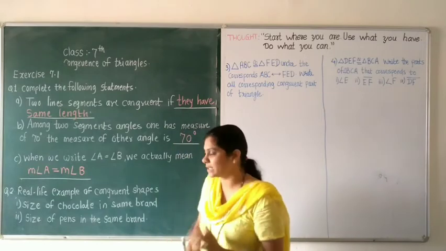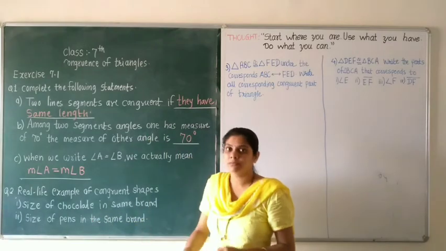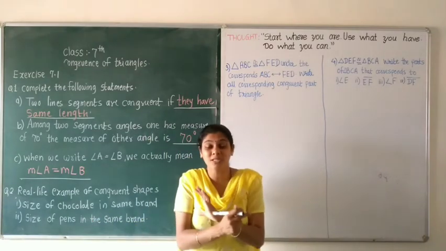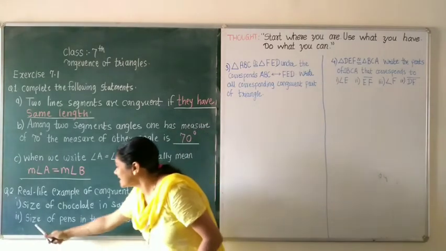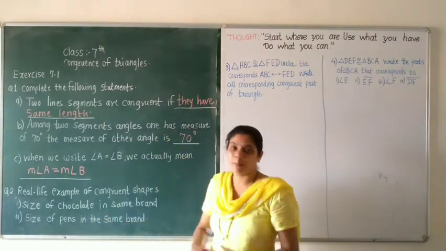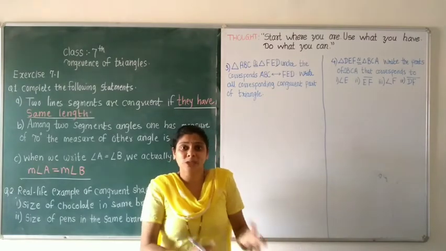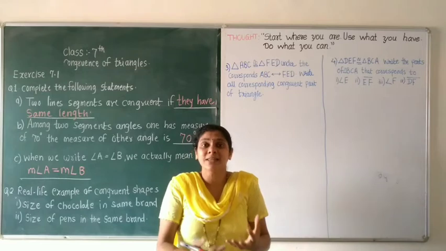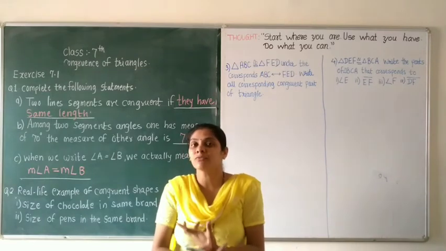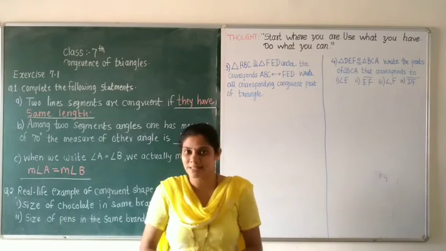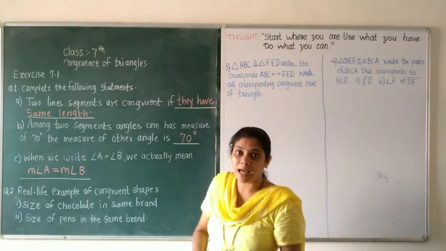I have written here the size of chocolates of the same brand, most favorite of all the children, is it right? Second, the size of pens of the same brand. So the size of pens, chocolates, notebooks, bottles, if they are of the same brand, the size of all the objects will be the same. Like that, we can solve question number 1 and 2.